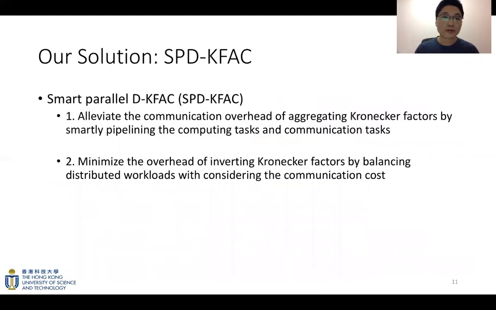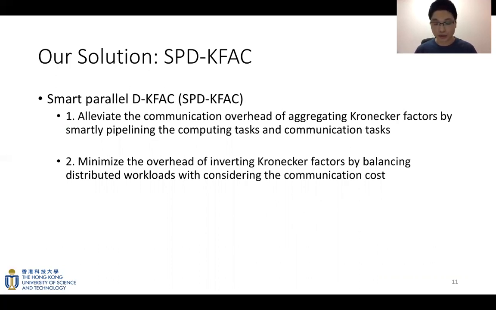So we propose a solution to improve the training efficiency of DK-FAC named Smart Parallel DK-FAC, with two main techniques. The first one is to alleviate the communication overhead of aggregating the Kronecker factors by a pipelining technique. The second main idea is to minimize the overhead of inverting Kronecker factors by balancing the workloads across multiple GPUs, considering the communication cost.